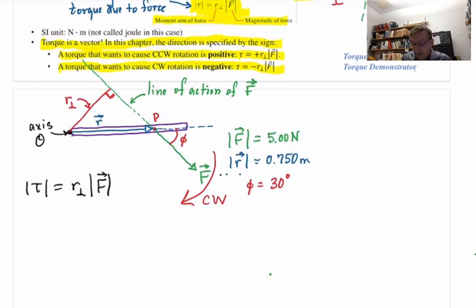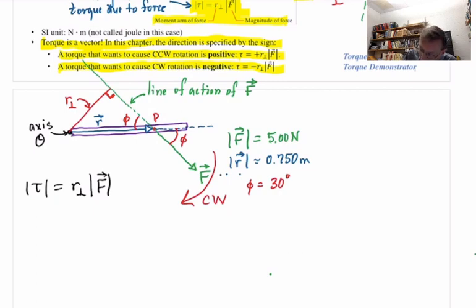Now, how do we find that distance? Because we have to. Well, we use our geometry and trig. If I've got that angle phi that I've drawn there, I contend that this angle right here is also phi from geometry, because those two are called vertical angles, and vertical angles are congruent.